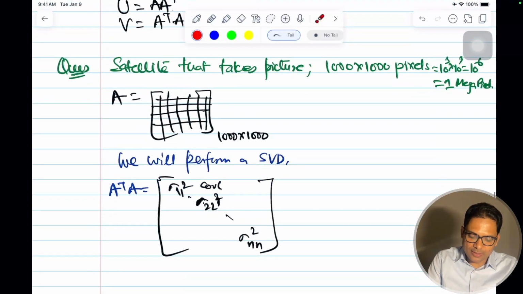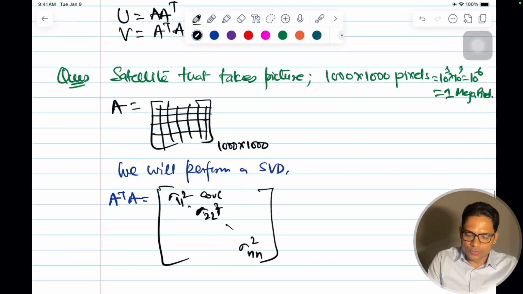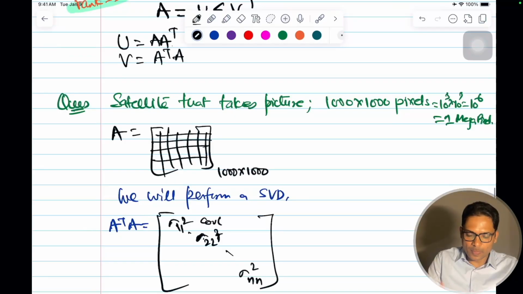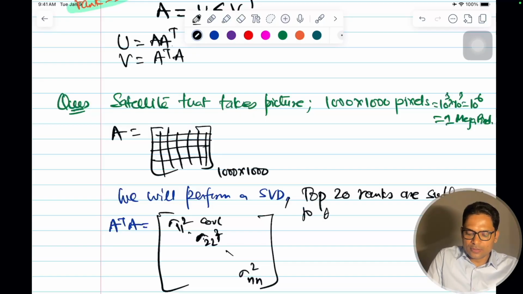So after doing singular value decomposition, we found that this is a 1000 rank matrix, assuming everything is independent. We found that only the top 20 ranks are sufficient to send most of the information about the picture.